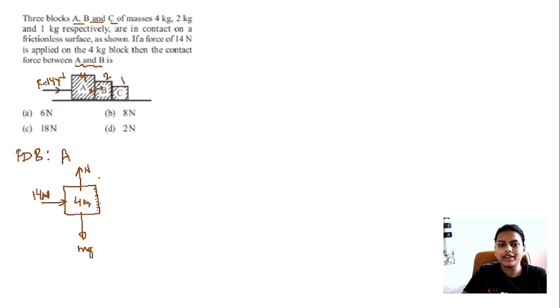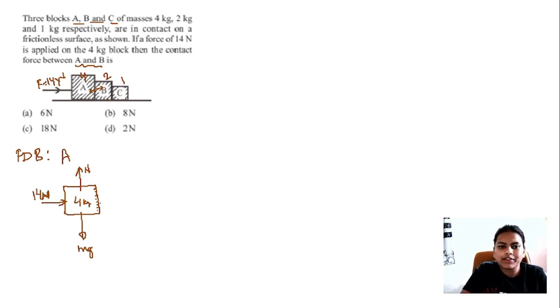In a free body diagram, we only show those forces which are acting on the body. For example, in this case, B must be acting with a force on A and A is also acting with some force on B. Okay, action-reaction pair.